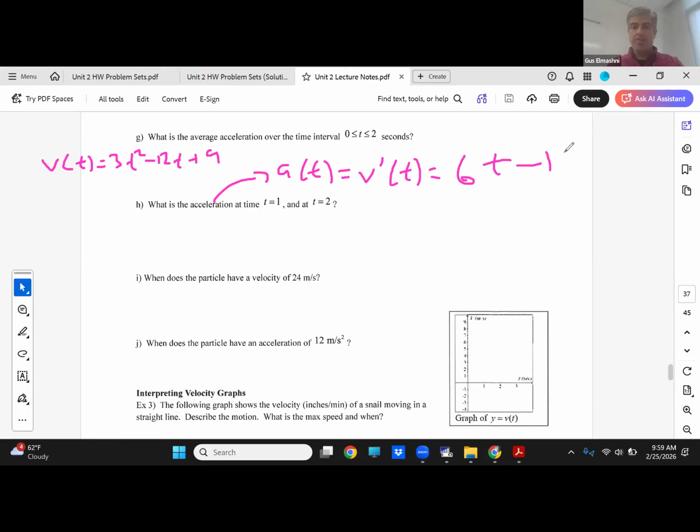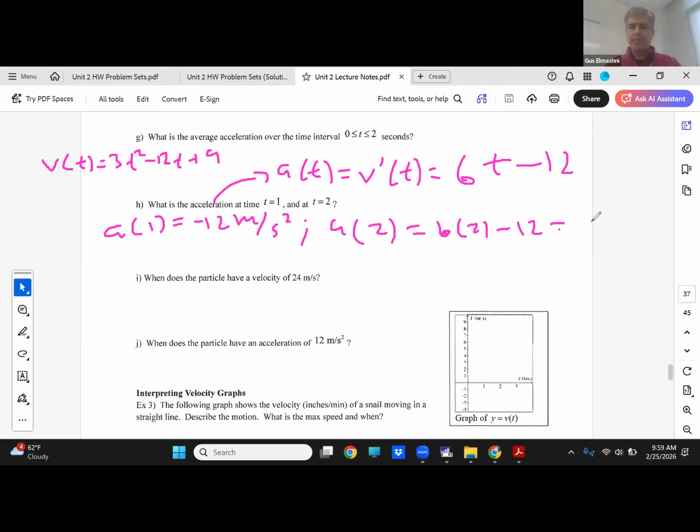Yeah. So A of 1 is negative 12 meters per second squared. A of 2 is 0 meters per second squared.